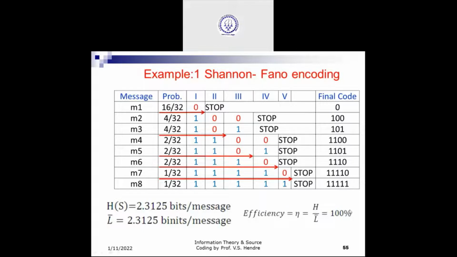That's why I mentioned that this is the ideal code where you get the division into groups of exactly equal probability, and that's why the efficiency of this code is 100%. But for all practical purposes, there are many codes whose efficiency is close to 100%, and they are not divisible exactly into the upper group and lower group.